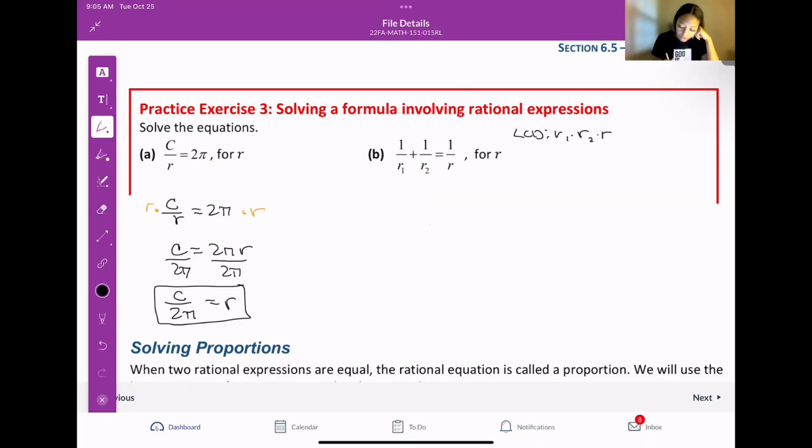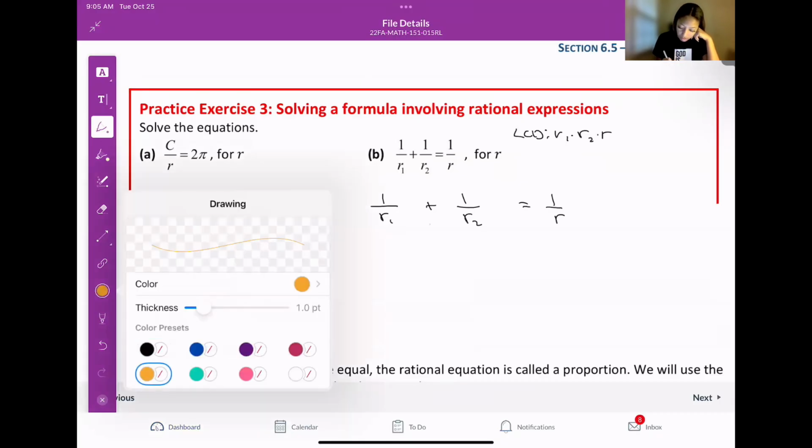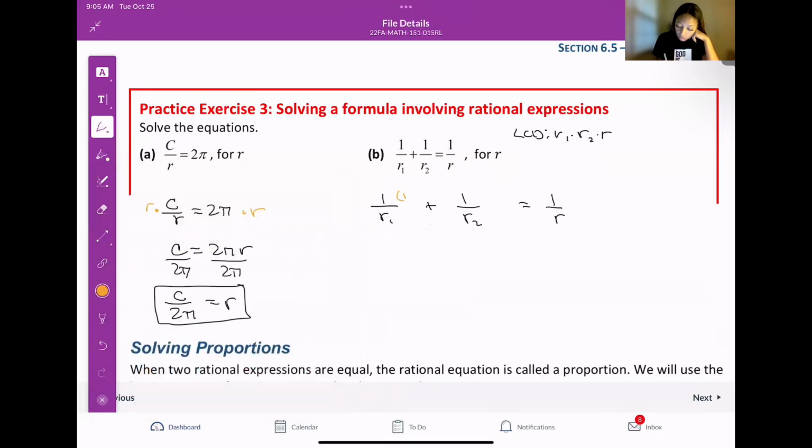All right, if we multiply each of these terms by R1 times R2 times R, of course, the denominators cancel out.